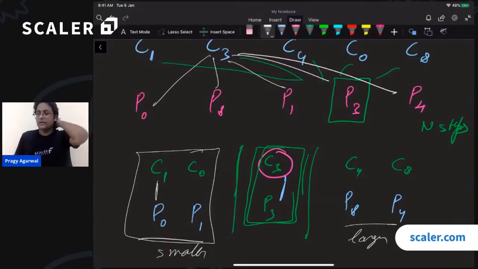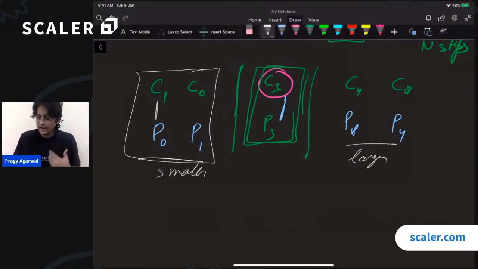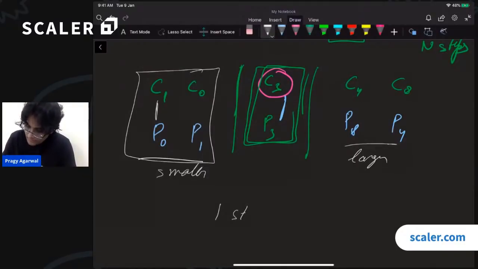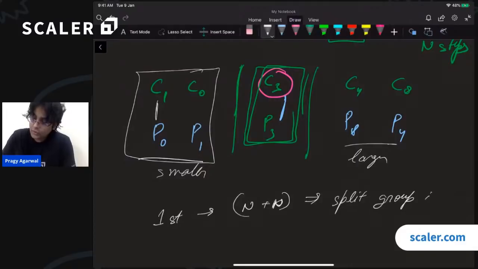Cool. So this is the basic idea behind quicksort. Let us see how this exactly helps us. In the first iteration, I took a pen and used n steps plus n steps, 2n steps, and that allowed me to split my group into two parts.